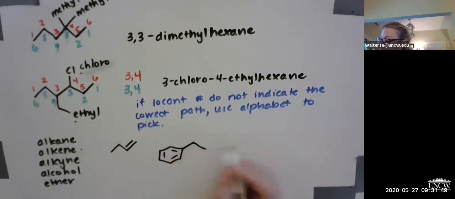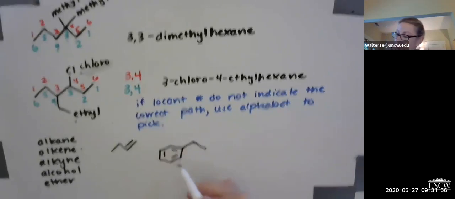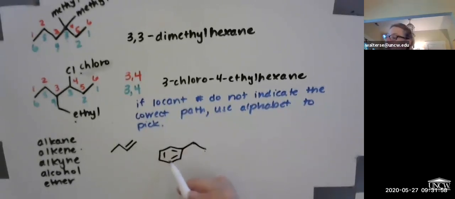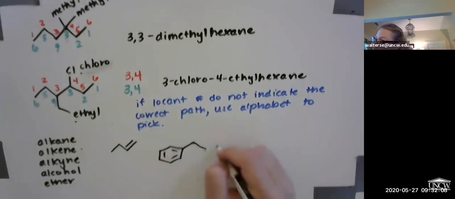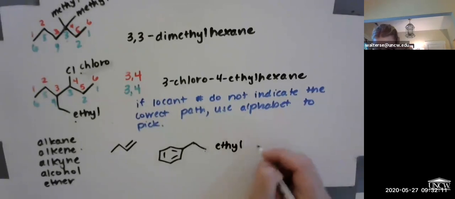If you have an ethyl group on an arene, this isn't an aromatic substituent, this is an aromatic ring with an alkane substituent. It's not an alkane parent with an aromatic substituent. So this one would be called ethylbenzene.